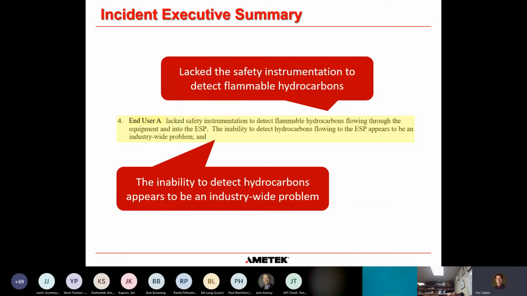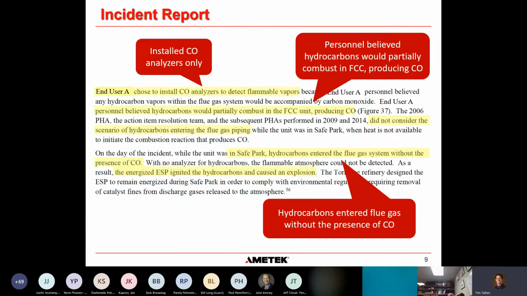So this is something that we're going to talk about today, and the importance of really recognizing, detecting, and measuring for hydrocarbons and methane. The incident report also pointed out that the end user installed carbon monoxide analyzers as the personnel believed that the hydrocarbons would partially combust in the FCC, producing carbon monoxide.